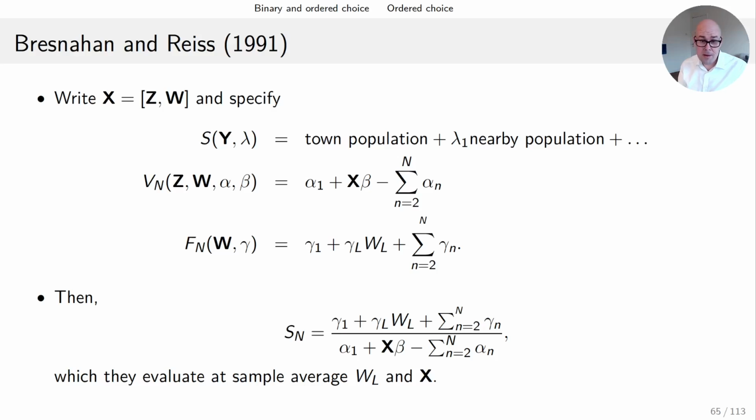Okay, and this brings us back to our discussion of marginal effects at sample average x's, or average marginal effects, in the sense that one has to think about the values w and x at which one does actually evaluate this expression. What they do is they evaluate it at sample average WL and sample average X. And that's just one way of doing it. It will probably not matter much in practice.